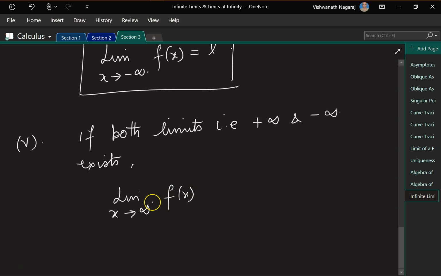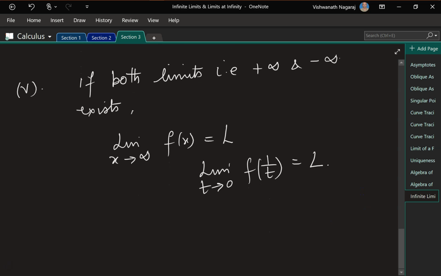We don't say plus infinity or minus infinity. We just say limit as x approaches infinity of f of x equal to L, which basically means limit as t approaches 0 of f of 1 by t is equal to L. They both mean the same thing.